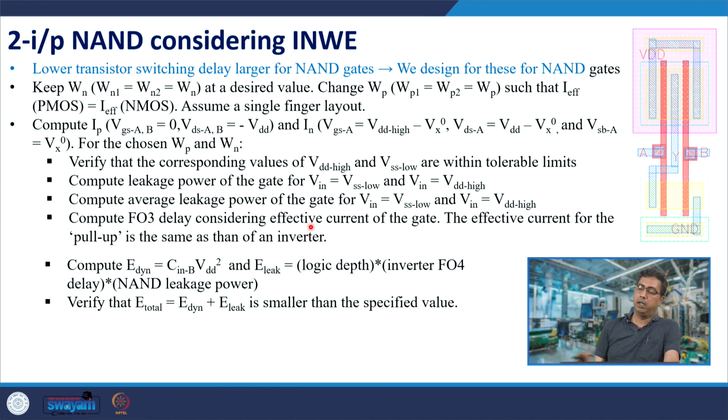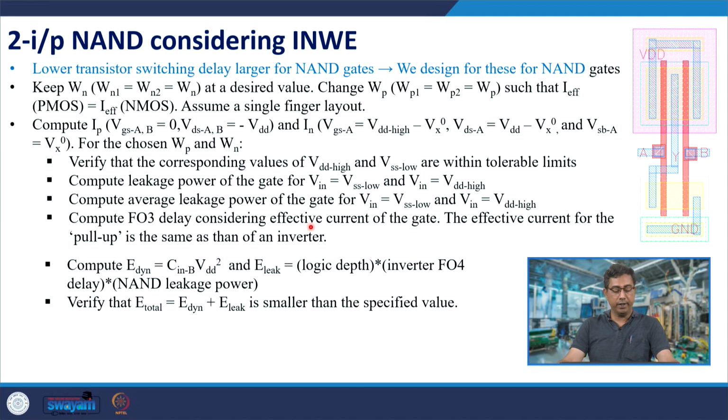But for the lower transistor switching, that is, for input going from 0 to VDD, the effective current would be similar to what we discussed for the lower transistor switching of the NAND gate in one of the previous lectures.